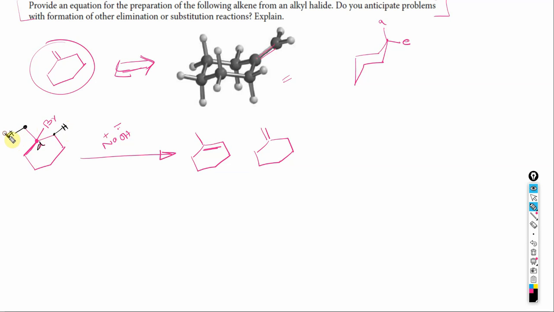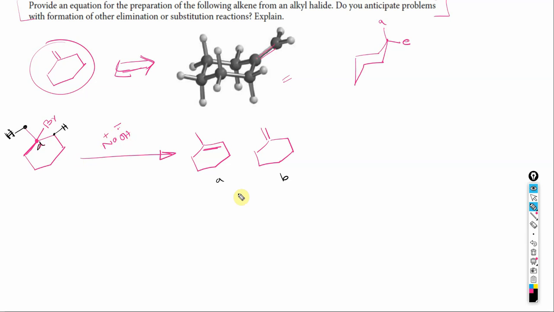So you can lose this hydrogen to get product, say for example B, and you can lose that hydrogen to get product A. So there are these two possible products.